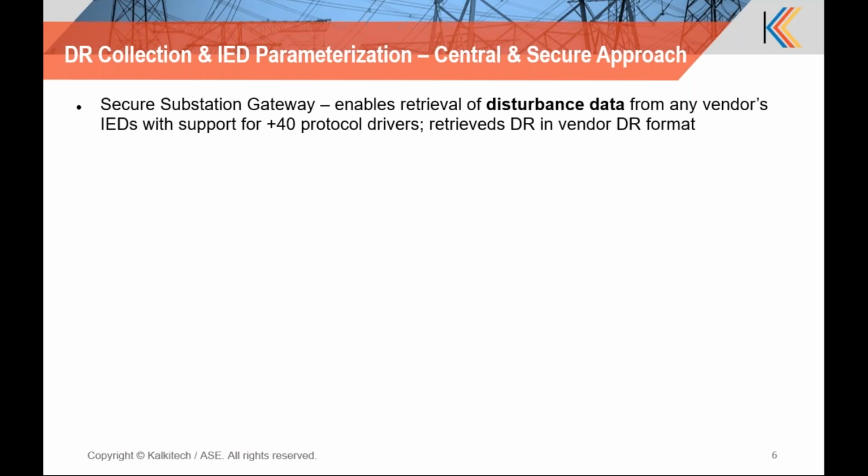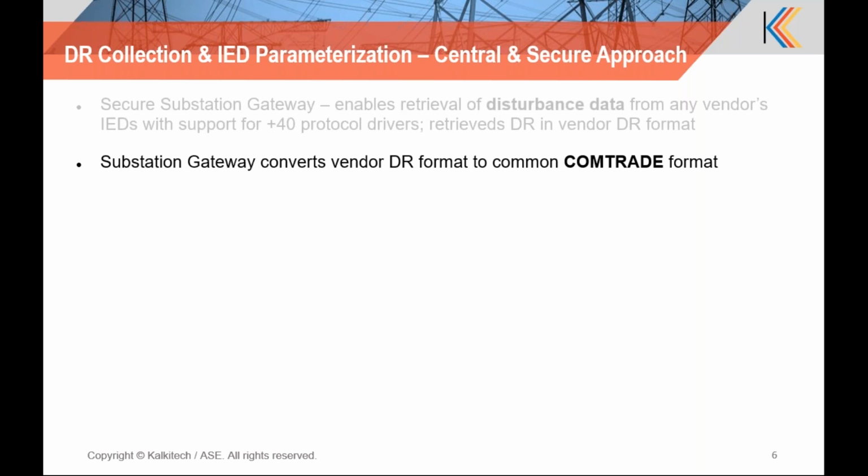So we support all those types. Whatever the most probable DR collection formats and protocols available for DR collection, we support them all. So from multiple vendors, we can gather the disturbance record in its own format.